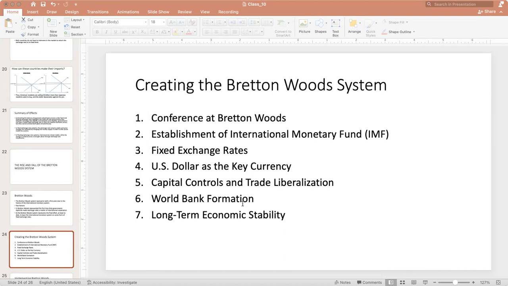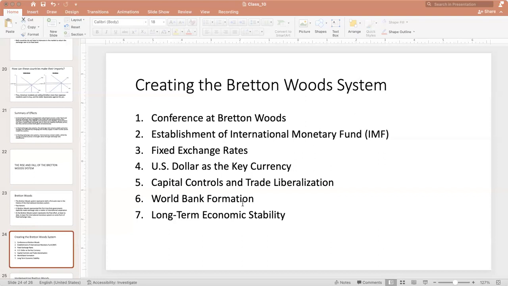The second main feature in the creation of Bretton Woods is the establishment of the International Monetary Fund, or IMF. The conference led to the establishment of the IMF, an international organization tasked with promoting global monetary cooperation and stability. The IMF was designed to provide financial assistance to member countries facing balance of payments difficulties and to oversee the international monetary system.